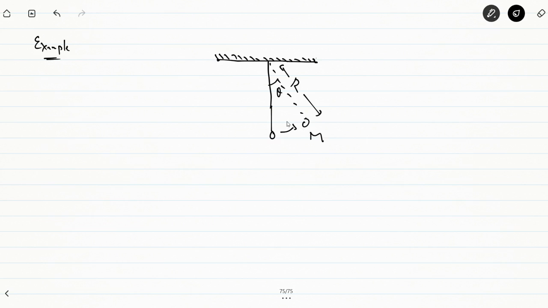You have a pendulum of mass m. It is hanging by a thread of length r. It can move under gravity g.